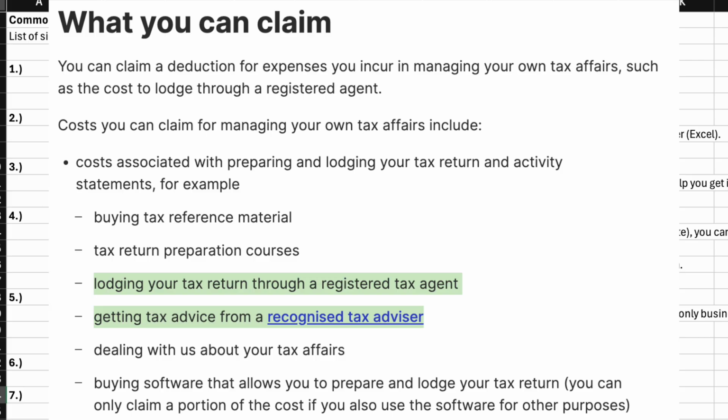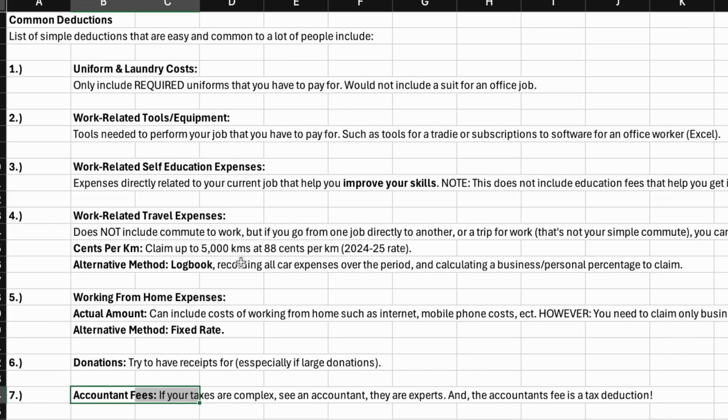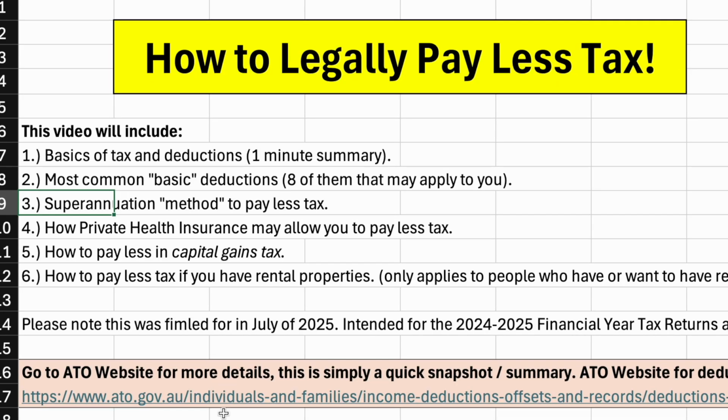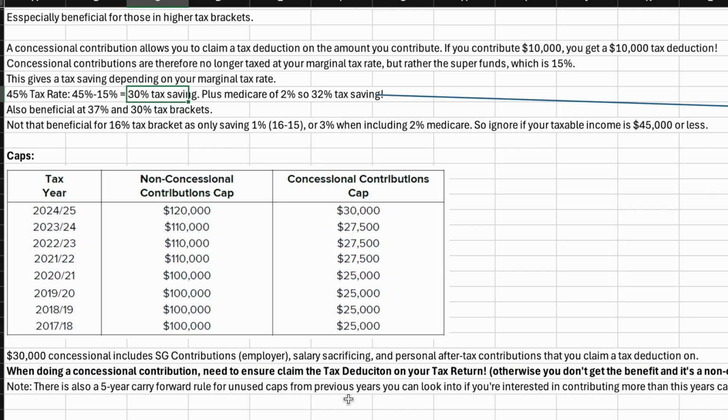So if you spend $400 to see that accountant, that's a $400 tax deduction. And there's many more. These are just some of the main ones. If you want to see these ones in more detail as well as other ones, again, go to that ATO website in the description.